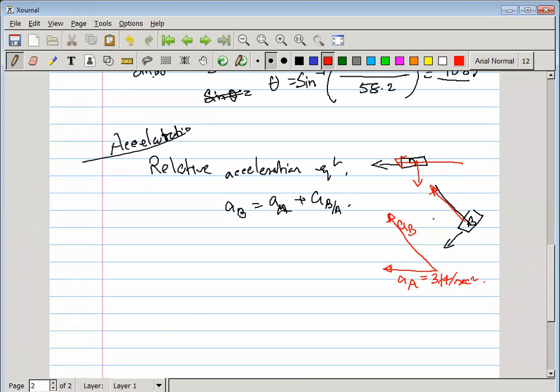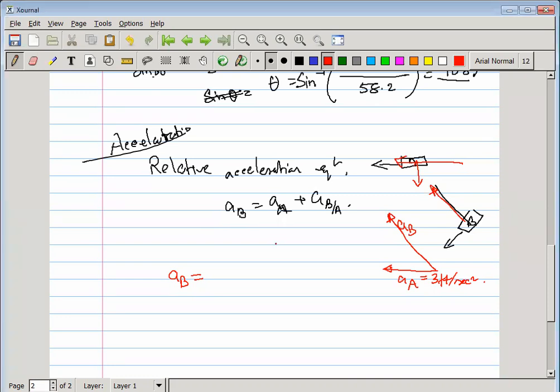Now acceleration of B, how to find out this one? Remember anyone, acceleration of B, how to find out? Can anybody tell me? Last two lectures I have already given this type of thing and solved this. This is the normal component of the acceleration. So what is the formula for that?